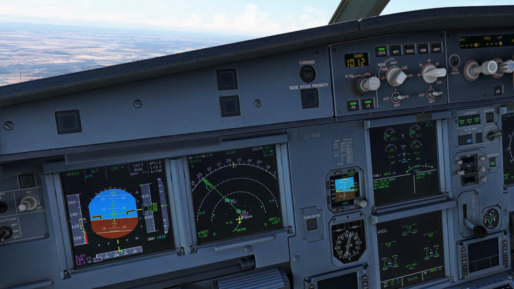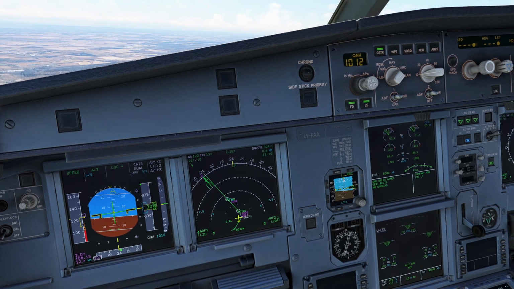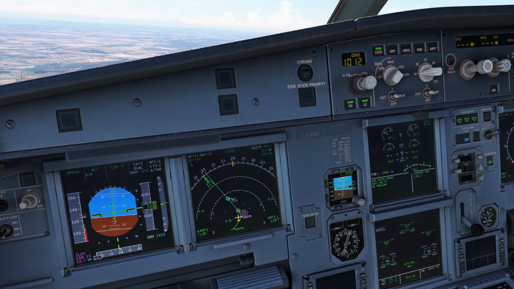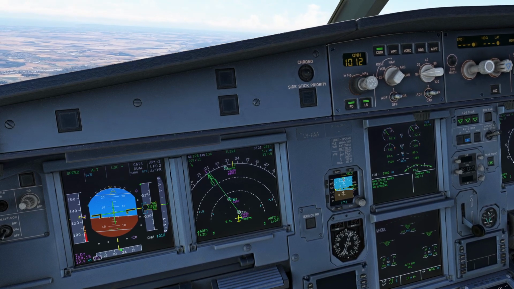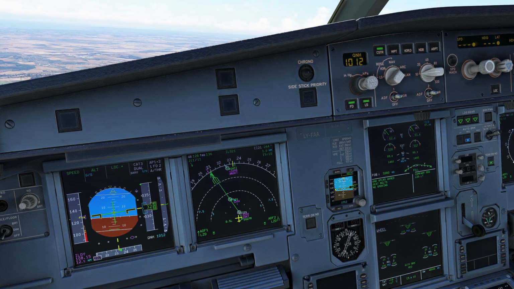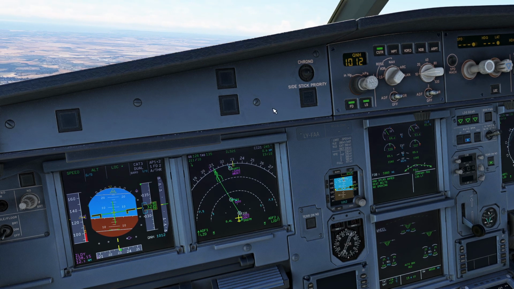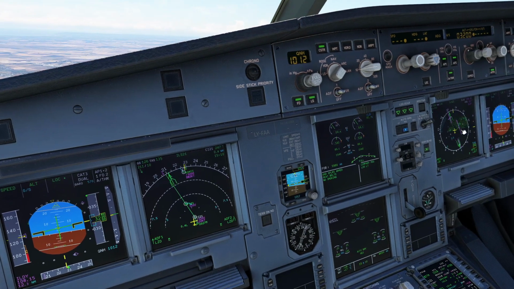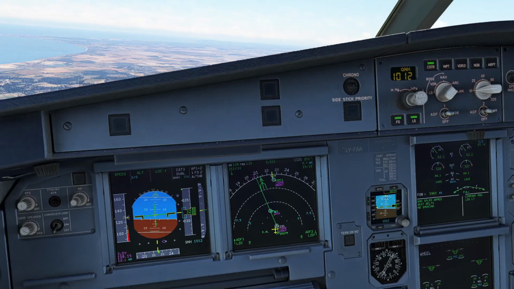And landing checklist will be ECAM memo. ECAM memo: to go, cabin ready, received. Landing checklist completed except ECAM memo. Okay, the localizer is armed, as you see here and also over there.